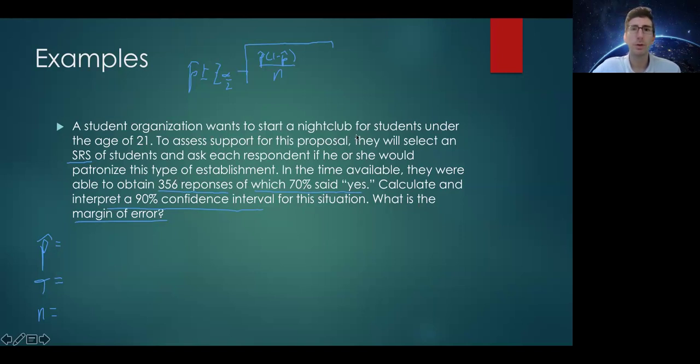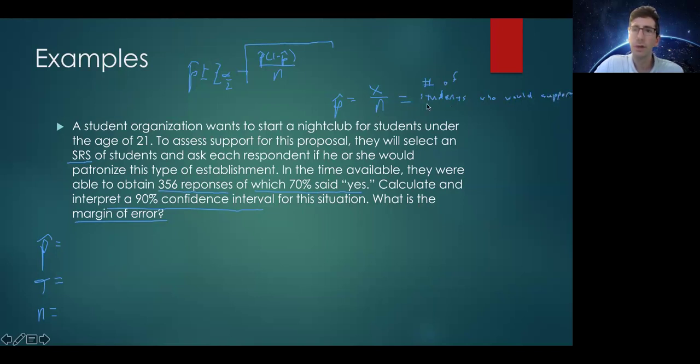So because they want to start that, their p hat, which is x over n, where x is that trait that they're looking for. X is the number of students who would support the nightclub or whatever.